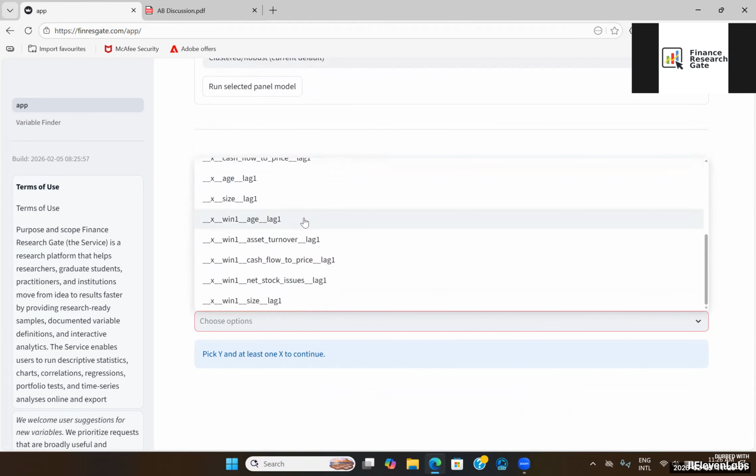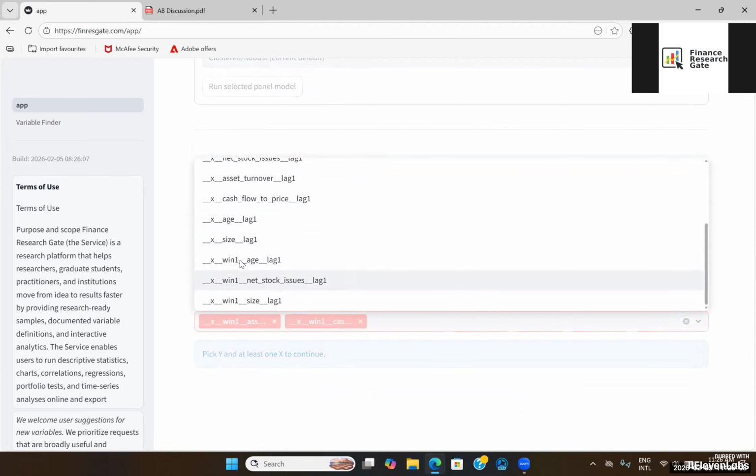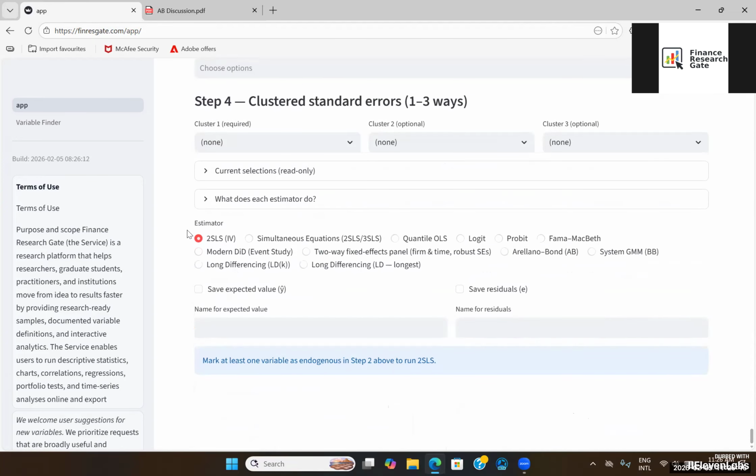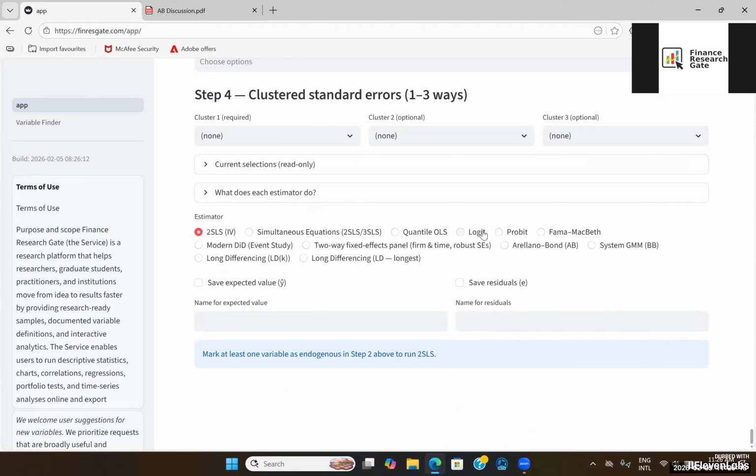The x variables include overall sales turnover, the cash flow to price ratio, and net stock issues. Once we are finished with this, we can scroll down the list and select the Arellano-Bond option.